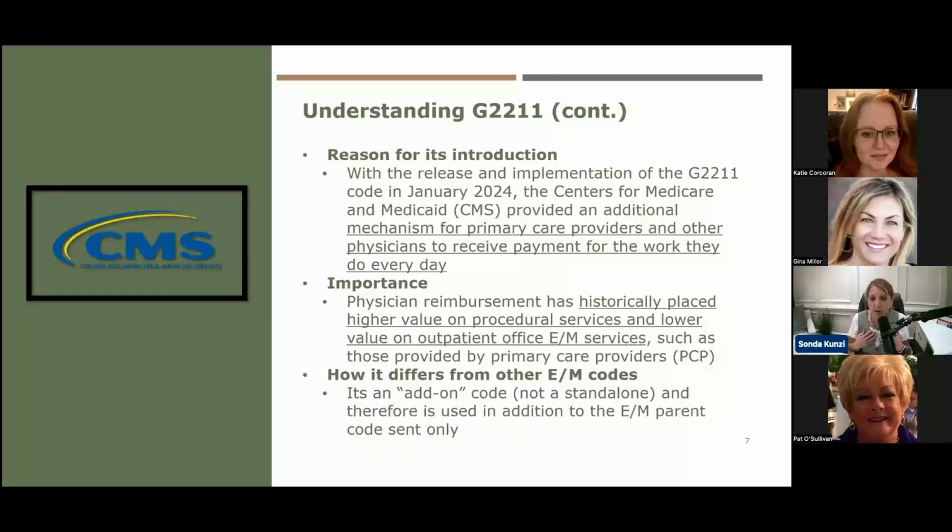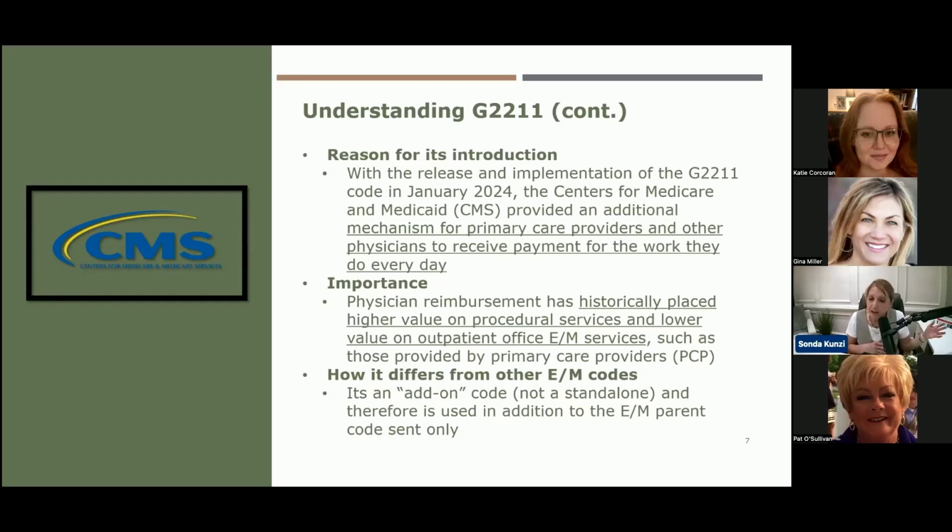But if you're ever watching the news, it seems like evaluation and management keep going down. Every year we're cut a certain percentage, and every year we're like, how in the world are we going to handle this when we don't know what's going to happen?